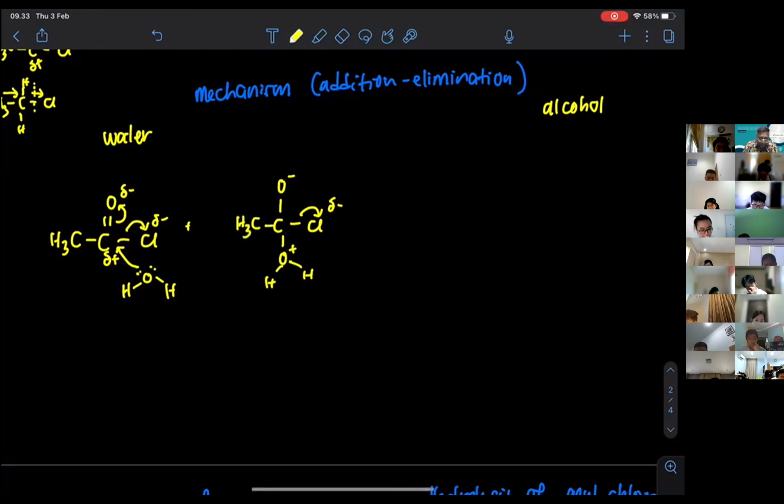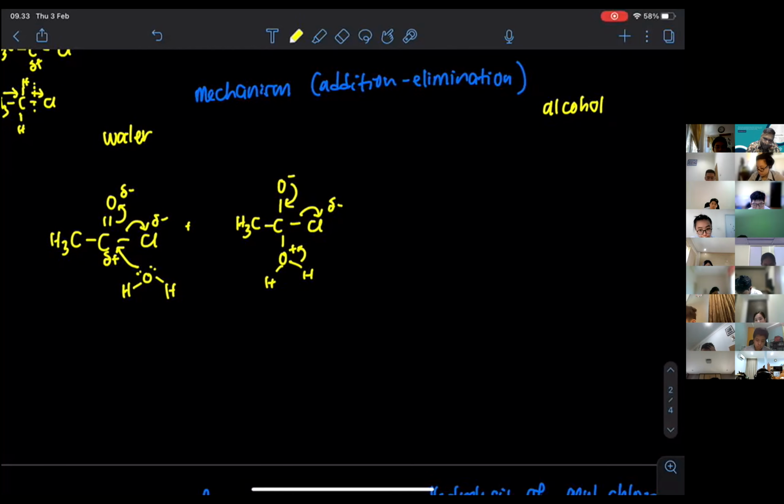So the next step: this intermediate is not stable. So the electron from the negative oxygen comes over here to form the double bond again, and then the bond between C and Cl will be broken. And the electron from the O-H will go and donate towards the O, and that will give you H plus and Cl minus.